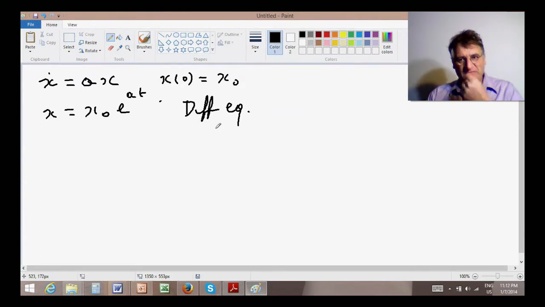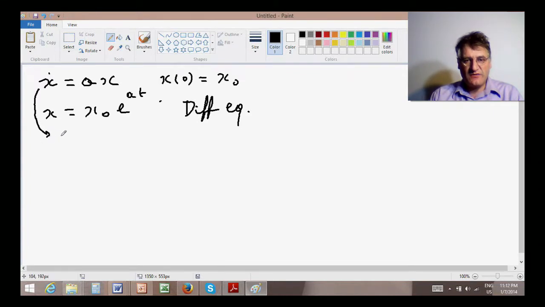Now I'm going to show you how we can solve not only these kinds of equations, but much more complicated equations without too much of a hassle. What we're going to do is take the Laplace transform and look at what happens. So we take the Laplace transform of x dot, the derivative of x. We know that the Laplace transform of x dot is going to be minus x0 plus s times the Laplace transform of x.